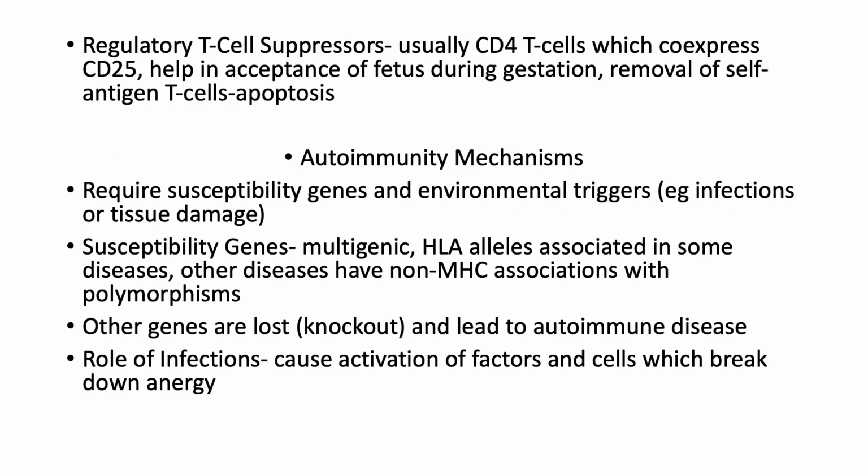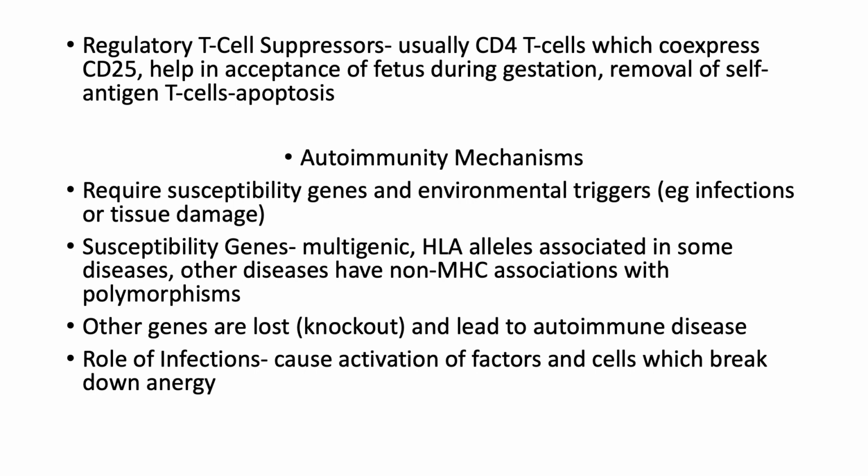Regulatory T-cell suppressors are usually CD4 T-cells, which co-express CD25. These help in acceptance of the fetus during gestation. Removal of self-antigen T-cells is a form of apoptosis. Autoimmune mechanisms require susceptibility genes and environmental triggers, such as infections or tissue damage.